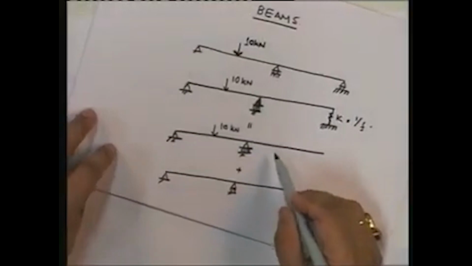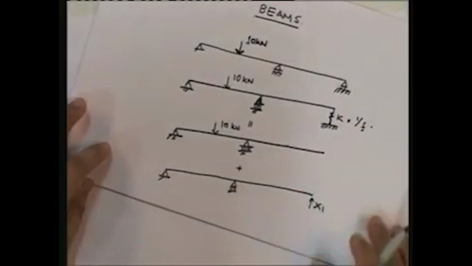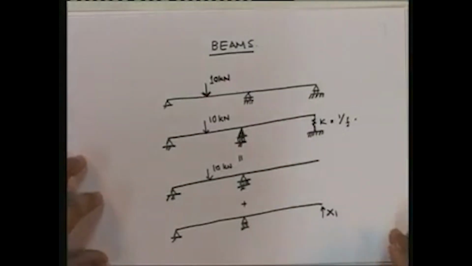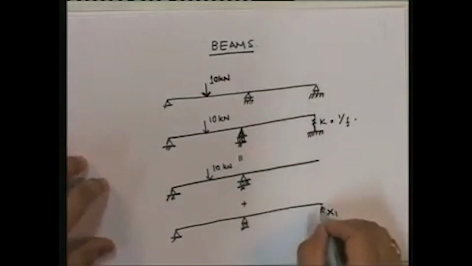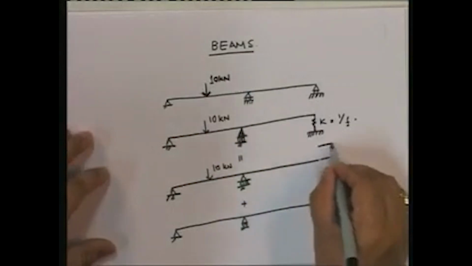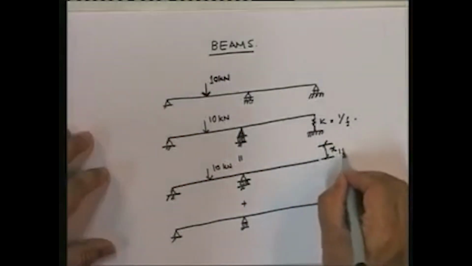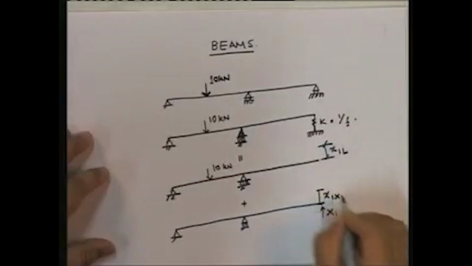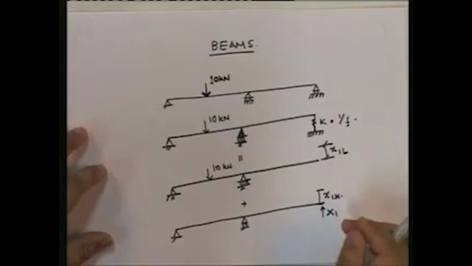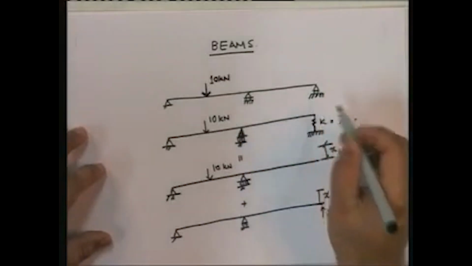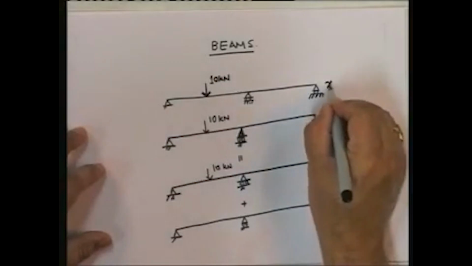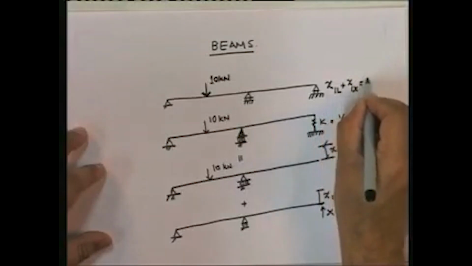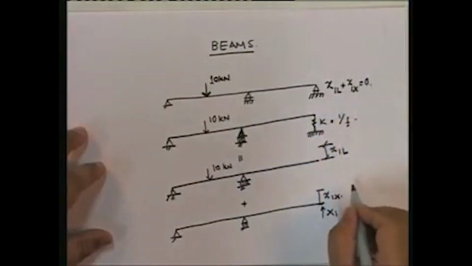So now I have solved this problem. How is the entire thing going to be different? Note that here we computed x1L, if you remember. This is the x1 due to load. Then we computed x1x. Remember that? And in the last case, we took the compatibility condition as x1L plus x1x is equal to 0.